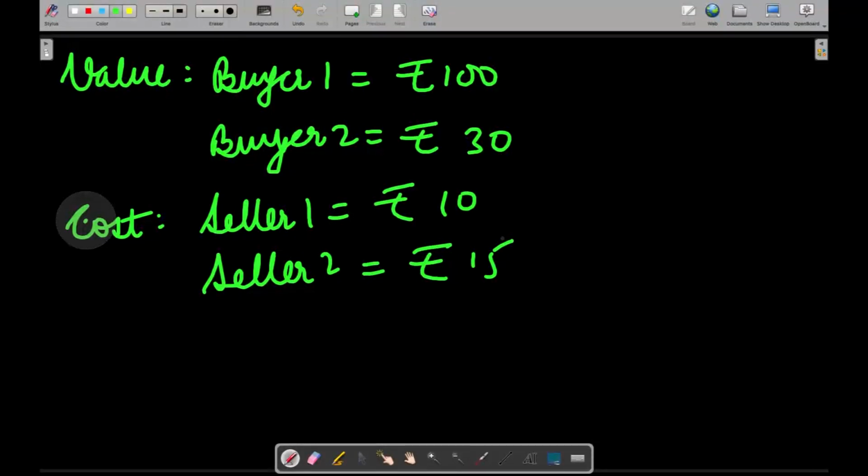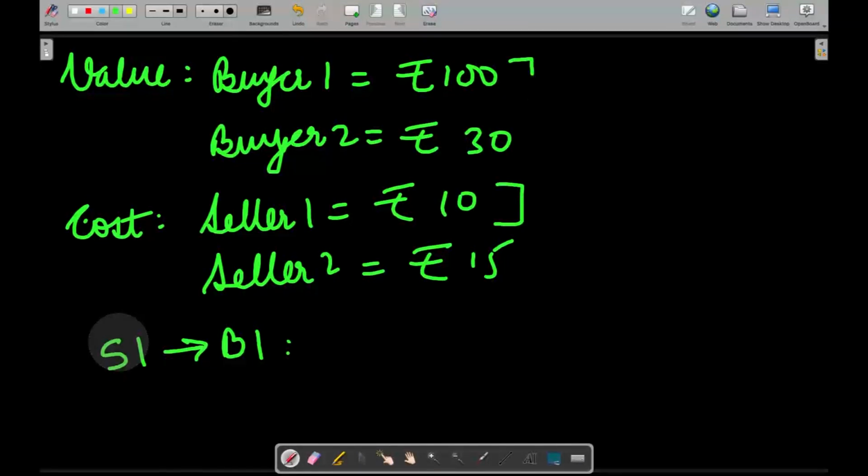Now in this case, if the good goes to buyer 1 and comes from seller 1, what we are saying is the good is going from seller 1 to buyer 1. So in that case, because the seller 1 has the minimum cost and the buyer 1 has the maximum value, then the total surplus is 100 minus 10 is 90 rupees.